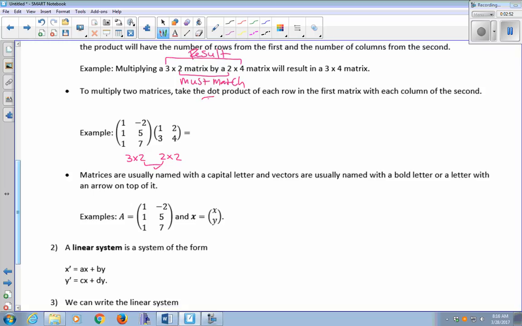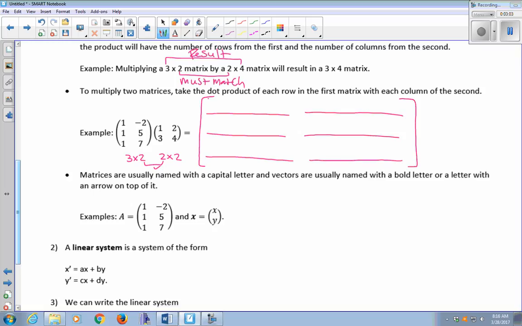So I like to just build my answer first. 3 rows, so 1, 2, 3 rows, 2 columns. So I just put in my blank so I sort of know what I'm supposed to get. Then you take each row of your first matrix, dot product it with each column of the second matrix.